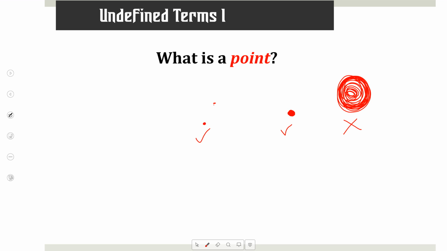Wouldn't the point be a very specific place, and the dot that you drew on top of it is just marking the point? Okay, so how specific? You can go to an infinite amount of specifics. So you're saying this classroom is not a specific enough location? Well, it has coordinates.